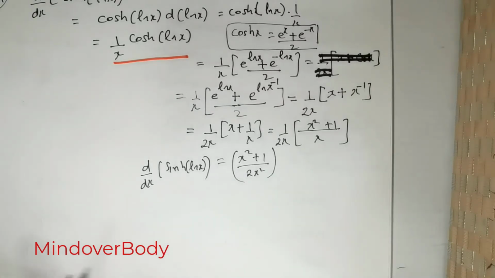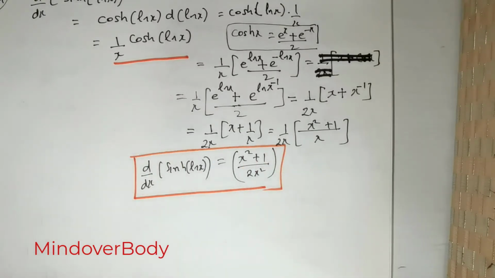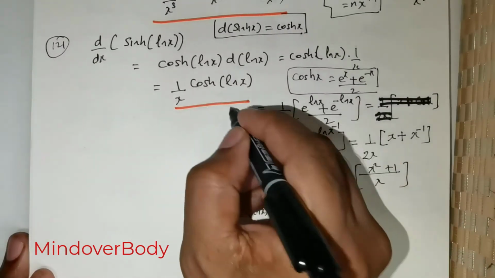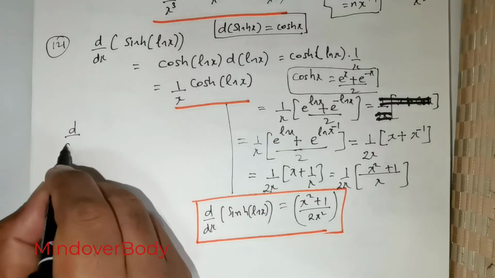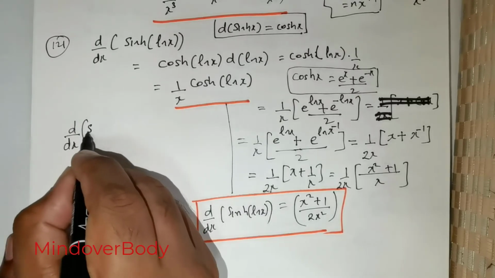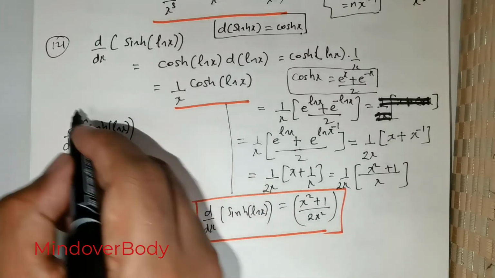Now we can actually verify if this result is true. It is possible. So how is it possible? Now let me just use the space here. We are expected to find the differentiation of sinh of ln x. This is the expected one.